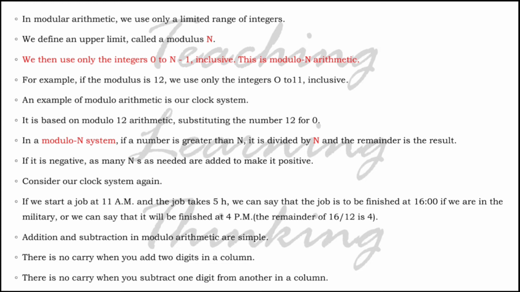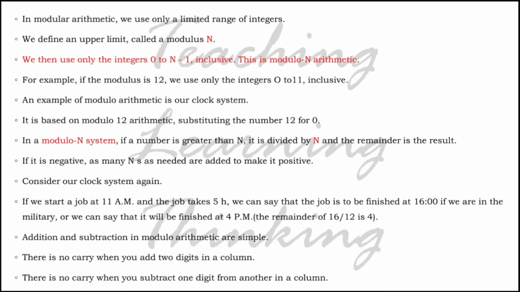Consider our clock system. If we start a job at 11 a.m. and the job takes 5 hours, we can say that the job will finish by 16, if we are in the military, or we can say that it will be finished by 4 p.m. The remainder of 16 divided by 12 is 4.